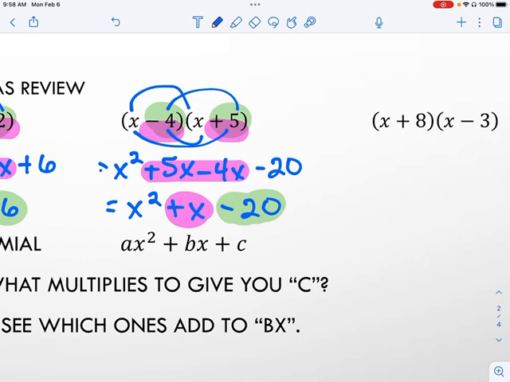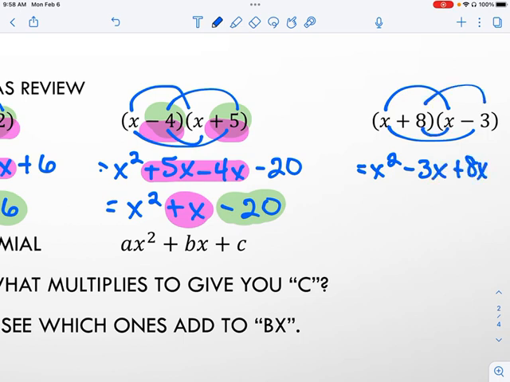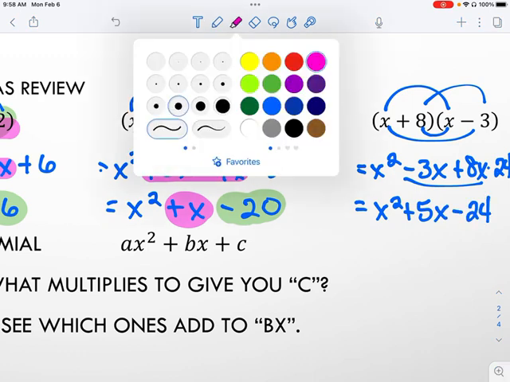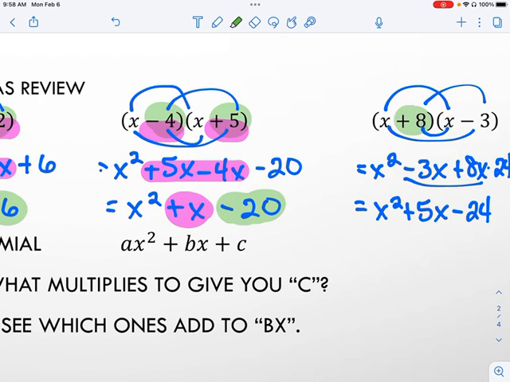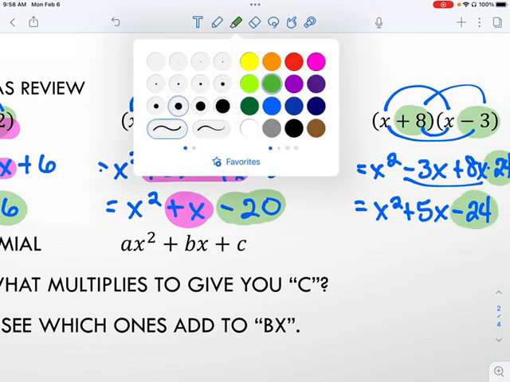Okay, let's take a look at this last one here. We're going to go first times first, outer, inner, and last. And we combine our like terms in the middle. And once again, just to show a couple of those pieces again, positive 8 times a negative 3 gets me the negative 24.